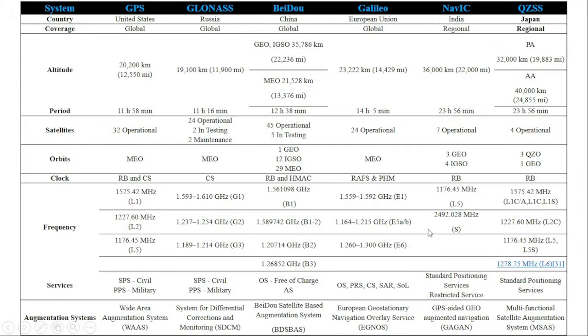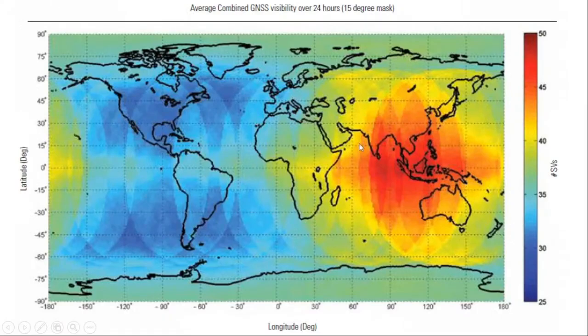Then there are some augmentation systems also. We have GAGAN, and the Europeans have EGNOS, like that. This is the 24 hours visibility of the satellites. You can see the maximum cluster of navigation satellites is occurring in this Asian region, going to around 50 plus, and this is after masking the 15 degree angle.